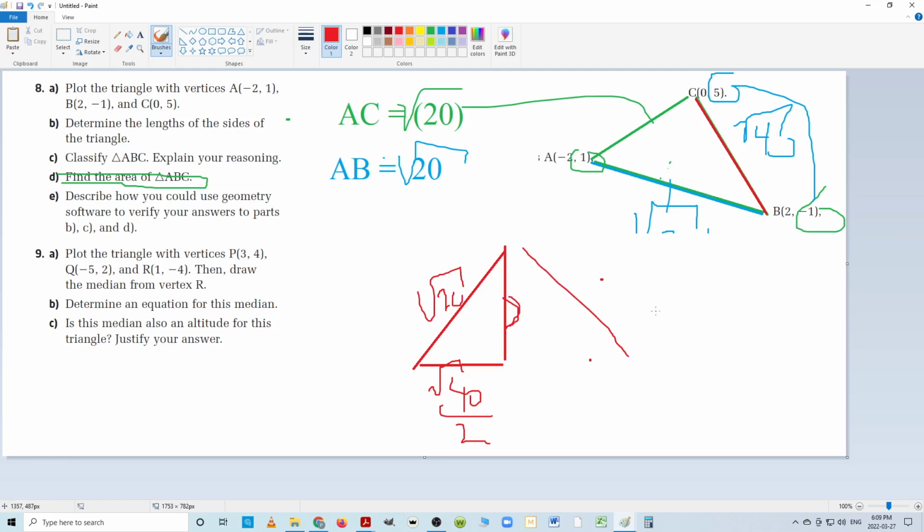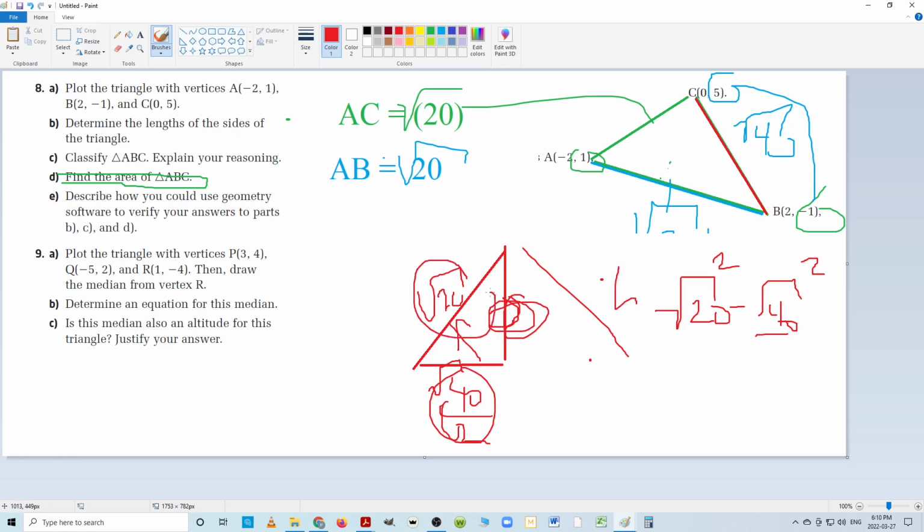This height is equal to square root of 20 minus square root of 40 over 2 squared using the Pythagoras Theorem, because this squared plus this squared is going to be equal to that. So that minus that squared minus that squared will be equal to that.